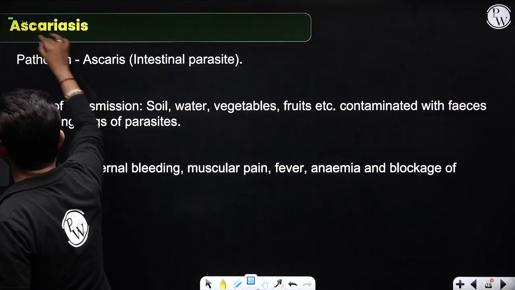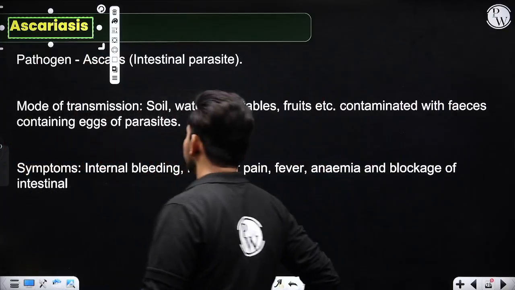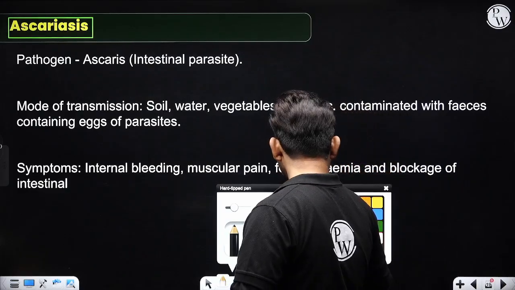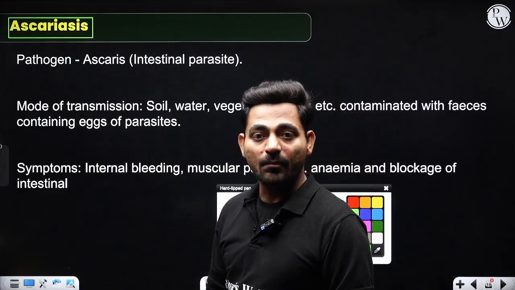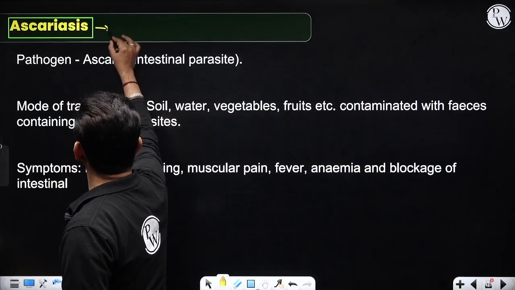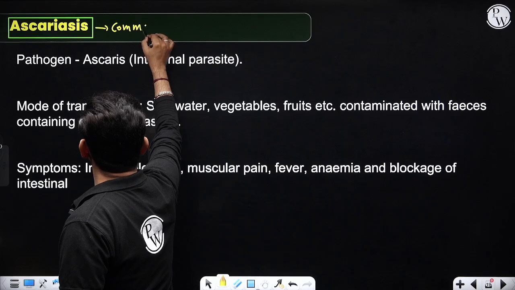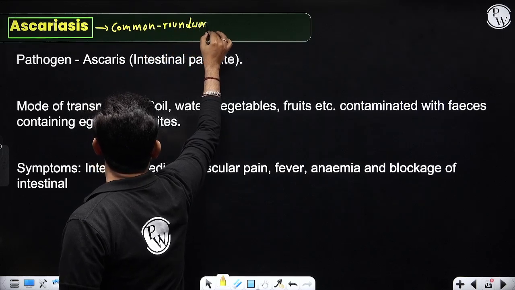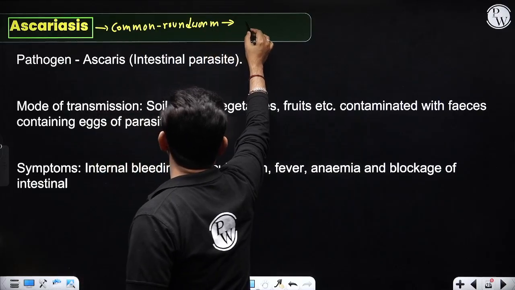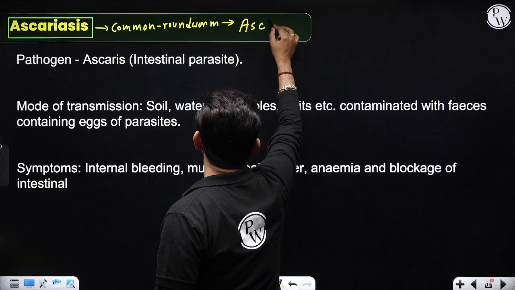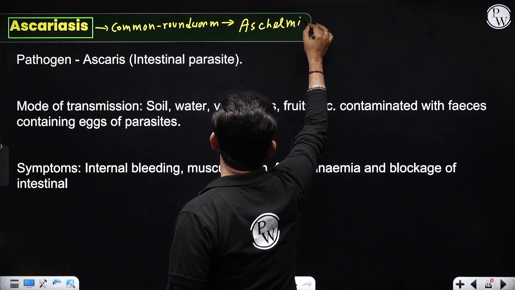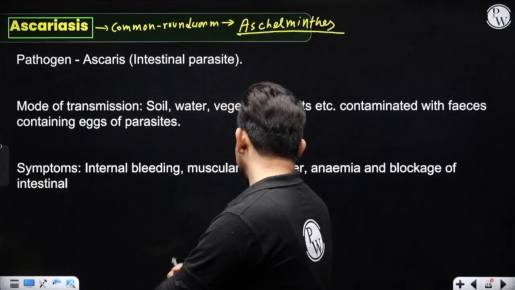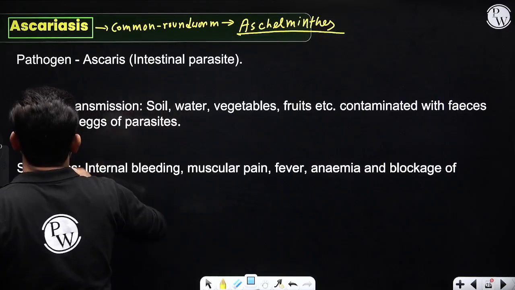Ascariasis. Now this is a helminth disease. Now we will be talking about a few helminth diseases. Helminth means worm. Ascaris is the common roundworm, which belongs to the group Aschelminthes.